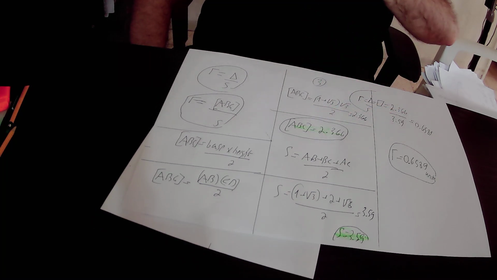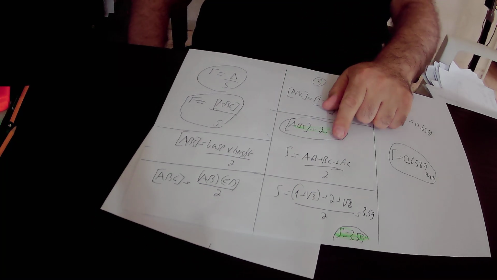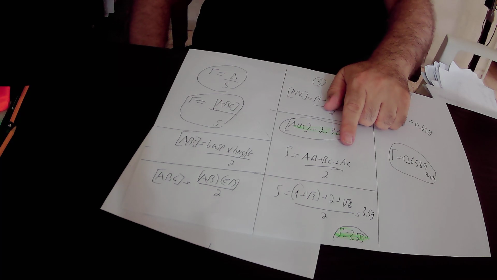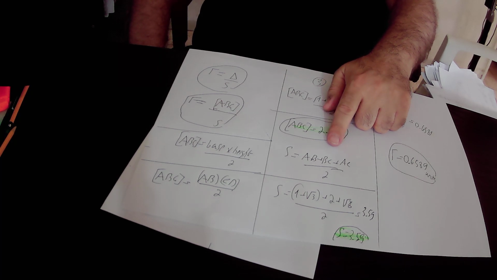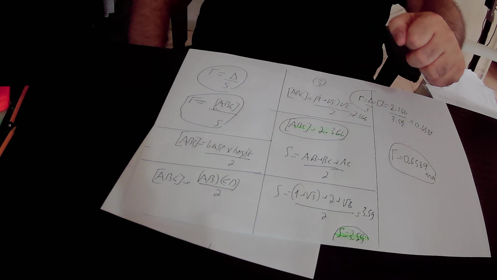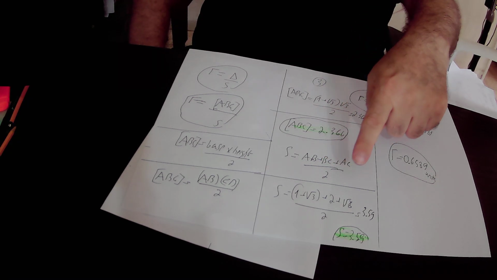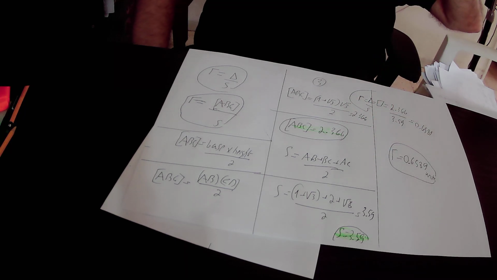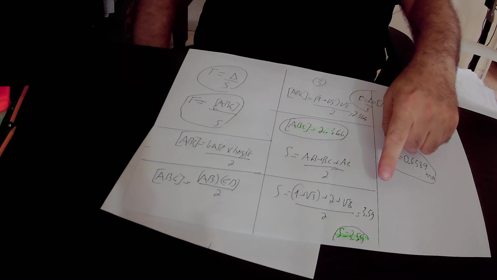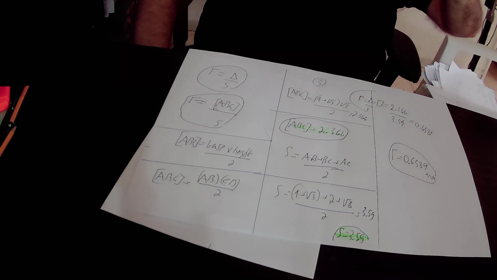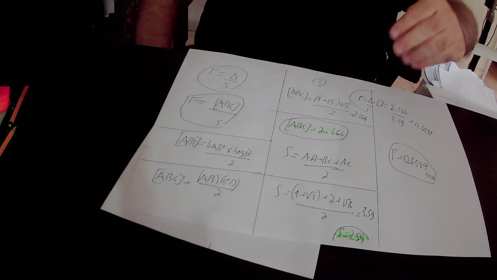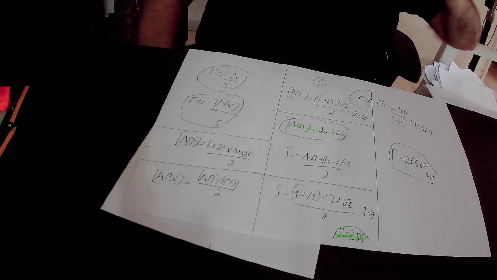And the perimeter of triangle ABC equals AB plus BC plus AC, and if we divide the perimeter by 2, we get the semi-perimeter. AB equals 1 plus square root of 3, BC equals 2, AC equals the square root of 6, all divided by 2. This expression equals 3.59 units, so the semi-perimeter of triangle ABC equals 3.59 units.